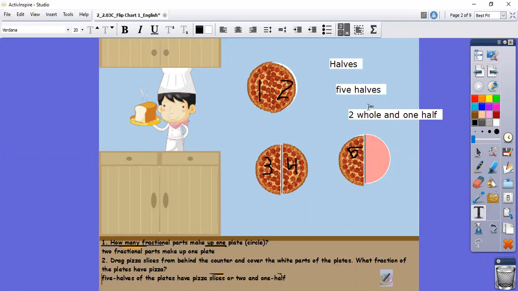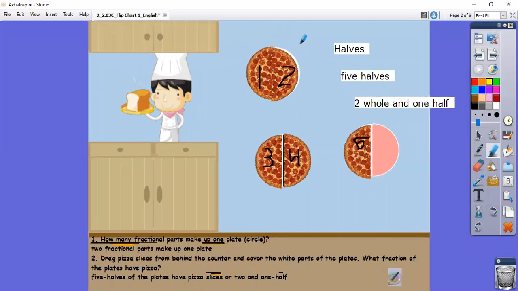So if you look at this, we see 2 whole pizzas completely filled up. 1 pizza, 2 pizzas, and then a half of a pizza. A good strategy I always like to show my kids whenever we're counting how many wholes and how many halves we have is to put a circle around the ones that are completely colored in.